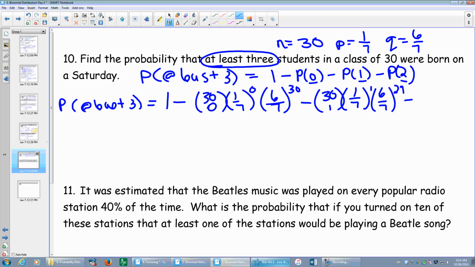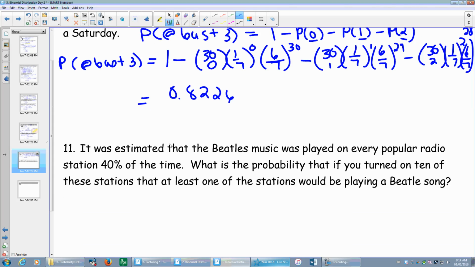Yep. Good. Good. Okay, and when you plug all of that into your calculator, you will get 0.8226. So there's an 82.26% chance that at least 3 of the students were born on a Saturday.